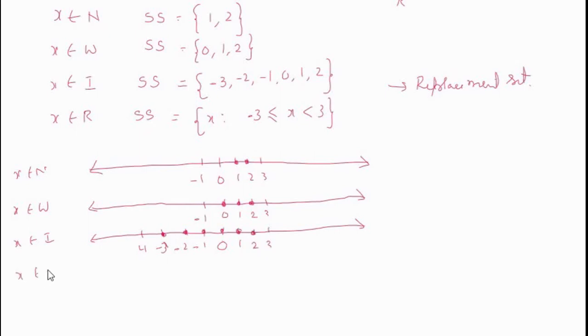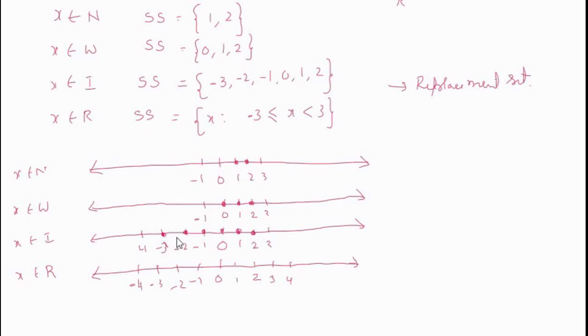When x belongs to real numbers, this is a little different. You are not going to mark just thick circles. Let us see how to mark. So this is 0, 1, 2, 3, 4. On the left side, minus 1, minus 2, minus 3, minus 4.